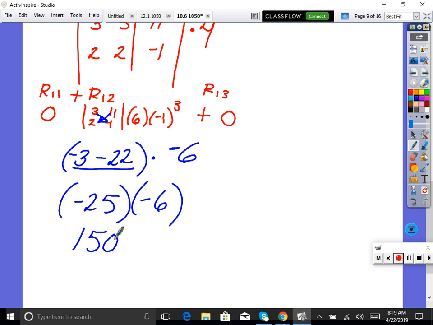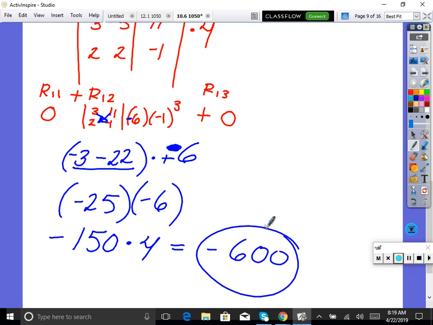What's supposed to be negative? Oh, this should have been negative 6? Yeah. Right here? Yeah. Oh, so then a negative and a negative is a positive? Yeah. So you're saying this should have been positive 6. So then it would have been negative 150. And then negative 150 times by 4. Yep, negative 600. We found the determinant. Negative 600.